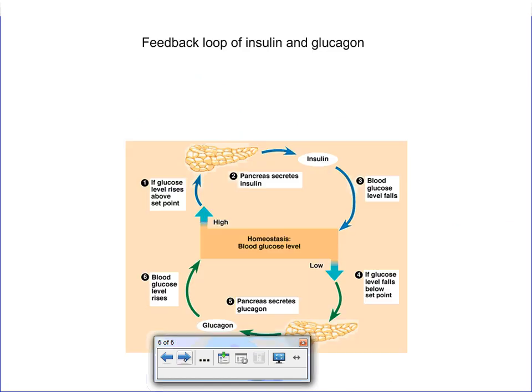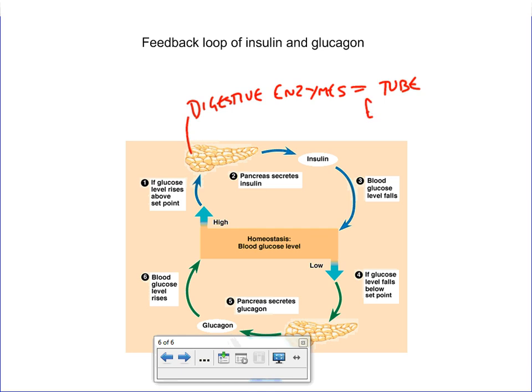The last piece I want to show you is the feedback loop of insulin and glucagon. You definitely need to know this. So the pancreas secreted digestive enzymes through a tube, right, into the small intestine. Since it secreted it through a tube, we call that the exocrine system, or an exocrine gland.